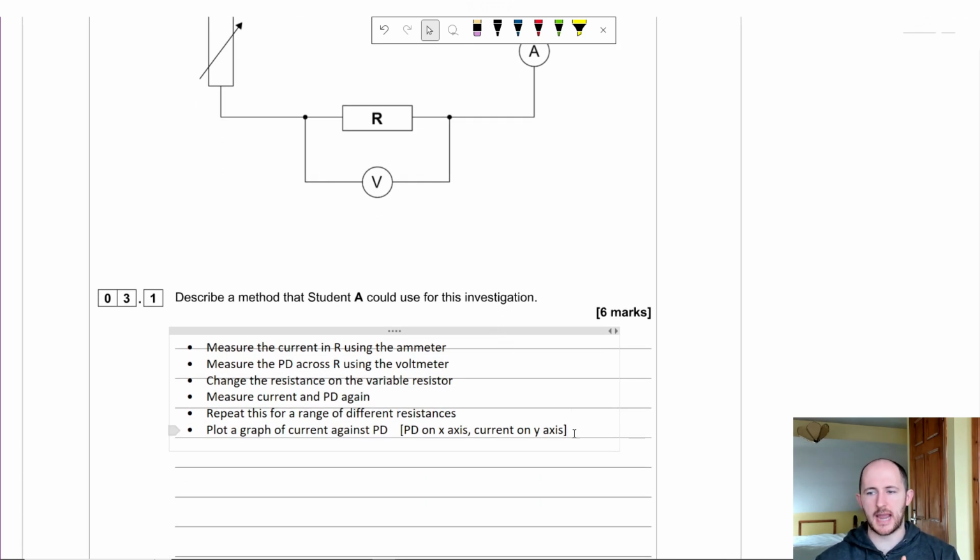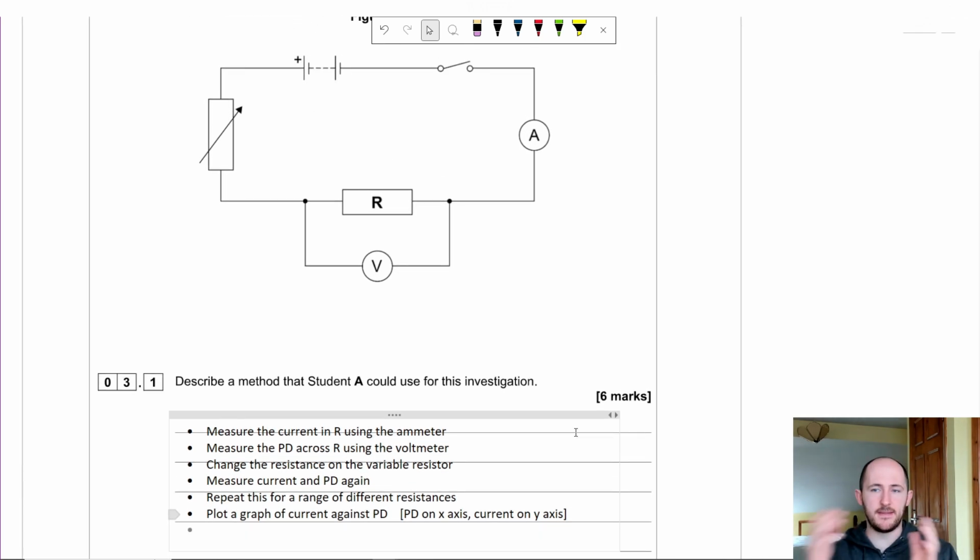reliable. And you can say things like, repeat the experiment 3 times and take an average. You can say, well, in this case specifically, turn off, so basically open the switch between readings so that the wires don't heat up.